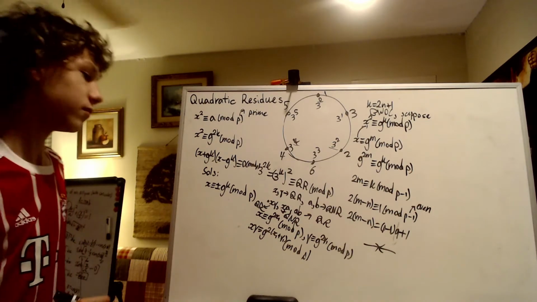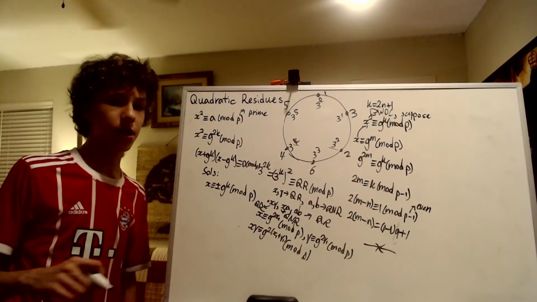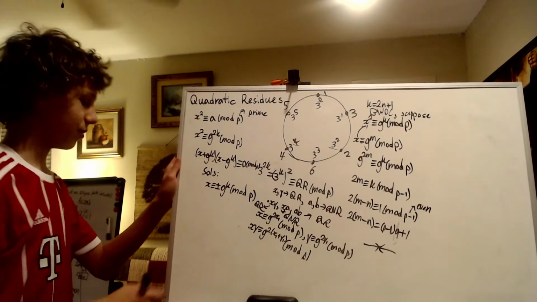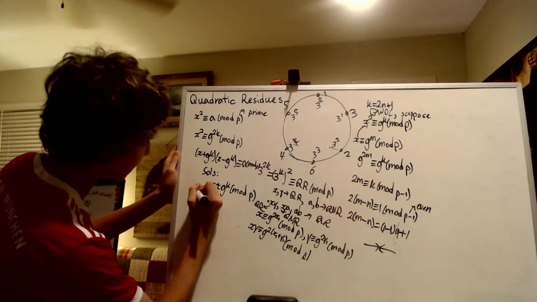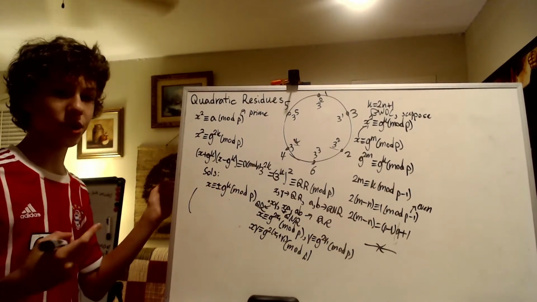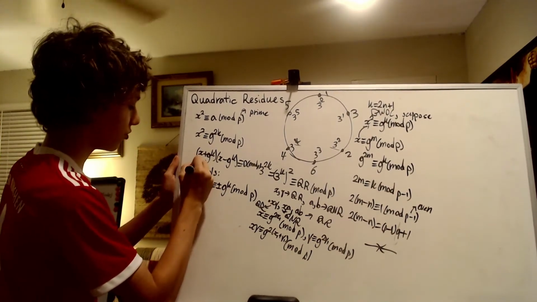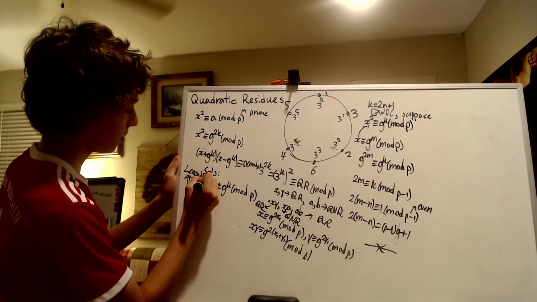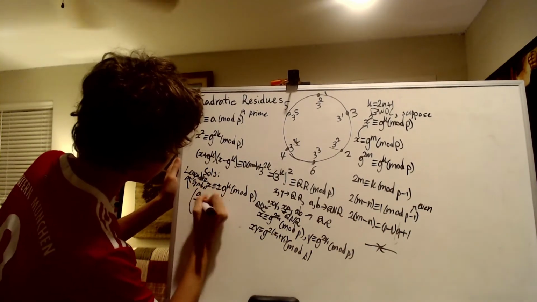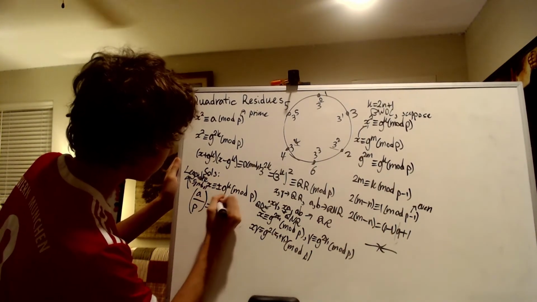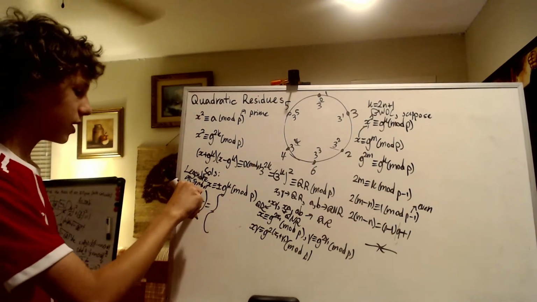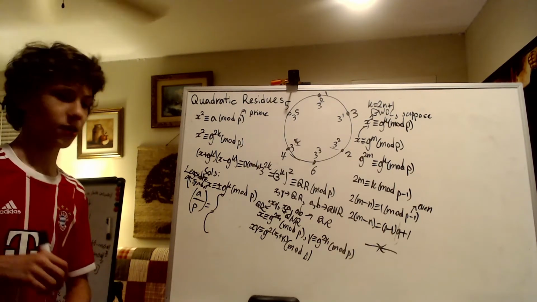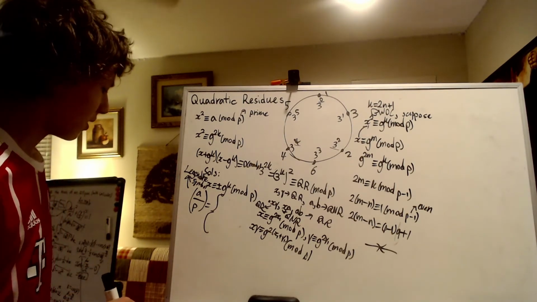Okay, well, now I'm going to introduce you to a strange symbol, and you'll know how strange it is when you see it. So I'm going to introduce the Legendre symbol. It's called the Legendre symbol. I'll define it quickly. So the Legendre symbol of a with p. I don't actually know if I'm pronouncing it correctly, but hopefully I am.